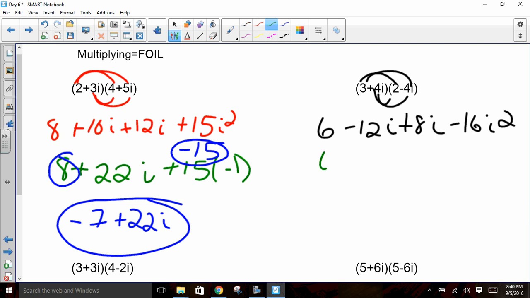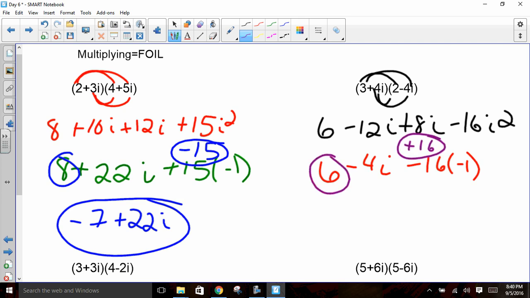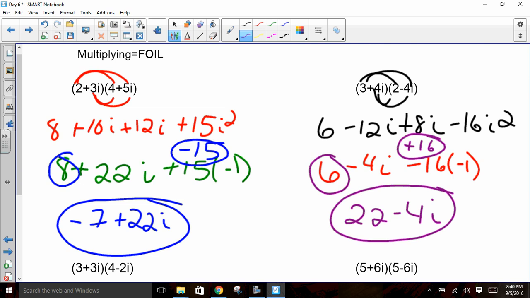So again, nothing's going on with that 6. Negative 12 plus 8 gives me negative 4. And I have negative 16 times negative 1, which turns into plus 16. So then I have positive 16 plus 6, which gives me 22. And my negative 4i comes with.